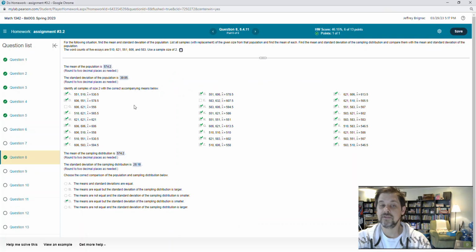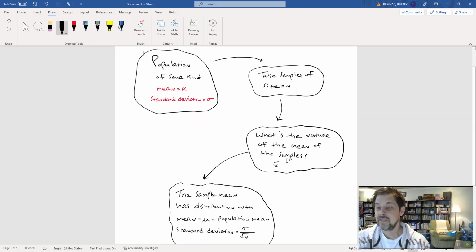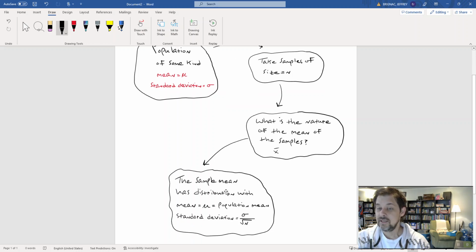Now here in this question it says identify all samples of size 2 with the correct accompanying means below. This part is tedious, I can admit that I worked this question myself and I didn't take any shortcuts. But I included it because I wanted a way for you to think about this flow chart: we have the population, we take samples of a certain size, we calculate the mean of the samples, and then the mean has its own nature.